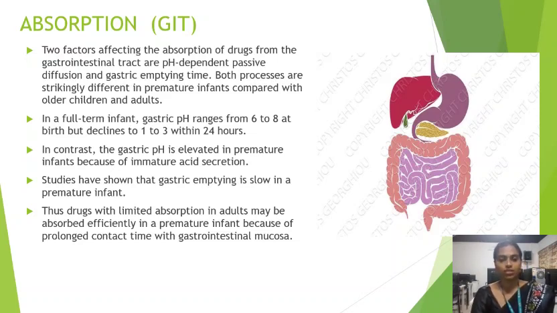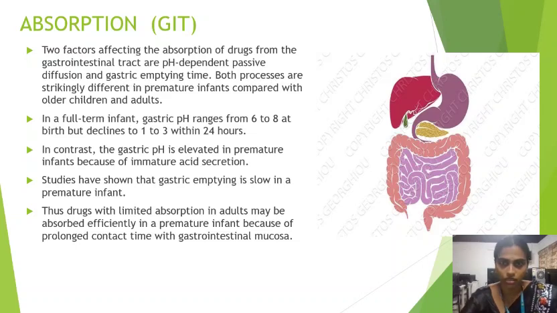Next, drugs with limited absorption in adults may be absorbed efficiently in a premature infant because of prolonged contact time with the gastrointestinal mucosa. In adults, only limited absorption takes place. That is the difference here.